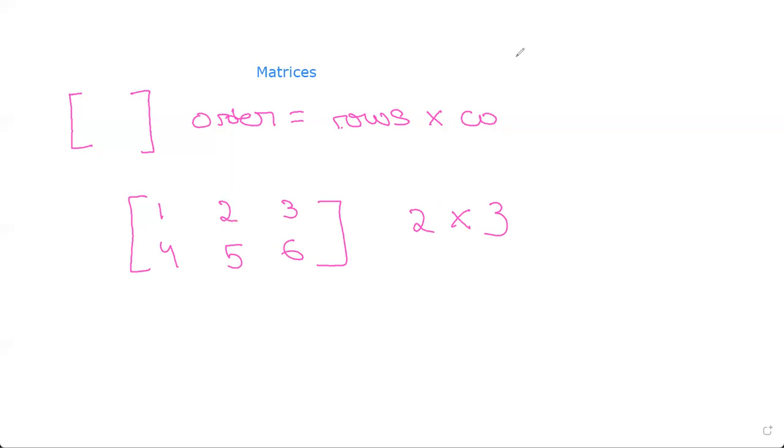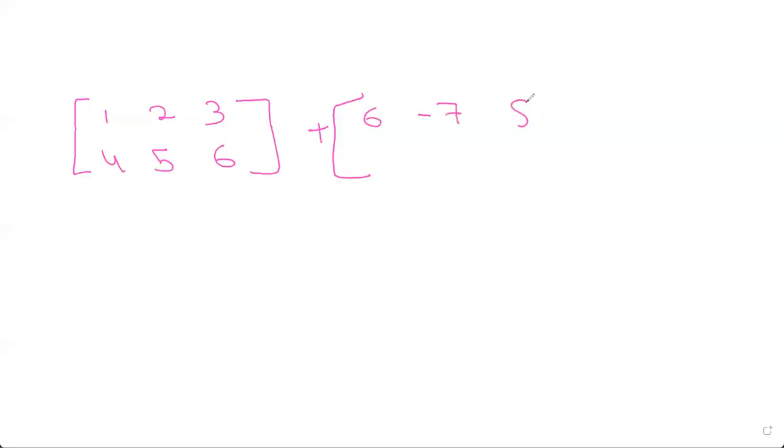Now let's look at adding or subtracting matrices. If we have 1, 2, 3, 4, 5, 6 again, and then you add 6, say minus 7, 8, 9, 10, and 11. You just add the entries which are in the same position. For example, this is in the first position, right?